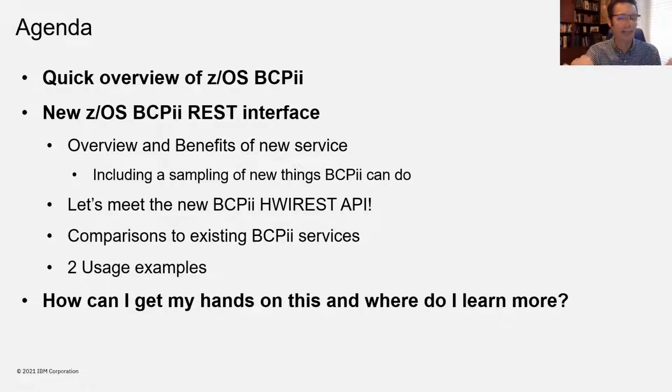We'll dive into the actual API itself. How do I actually use it? Then we're going to talk about comparing the existing BCPii interfaces with the new ones. And then last but not least, we'll give 2 usage examples that hopefully will bring it all together. And at the very end, we'll say, how can I get my hands on this, and how do I get more information about this particular functionality?